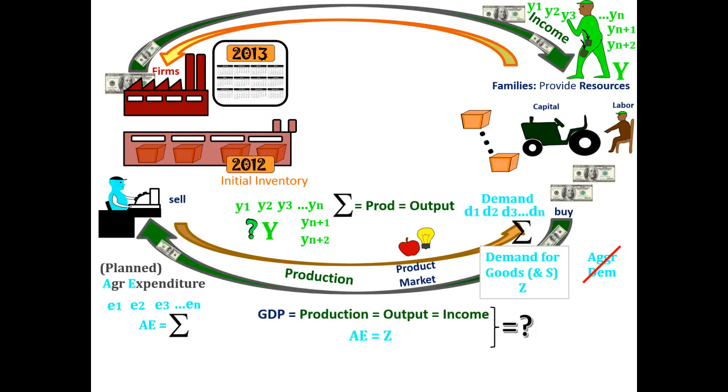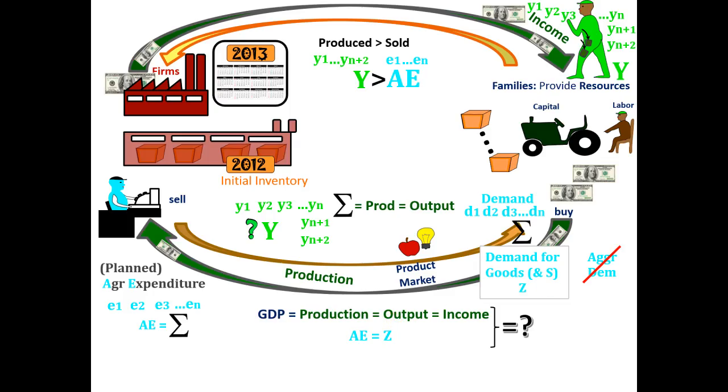So in this case, if we end up this year in this situation, what was produced is greater than what was sold. So what was produced, which is the same as the income, is $200 more than what was sold, which is this. So in this case, Y is greater than aggregate expenditure, or greater than C, which is the same.